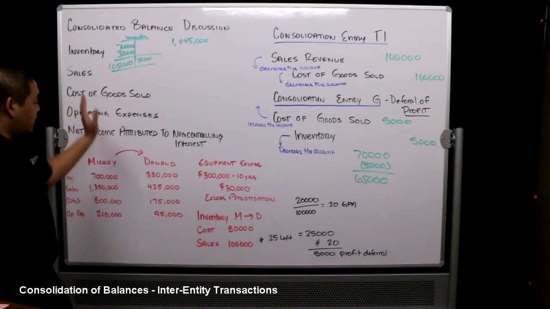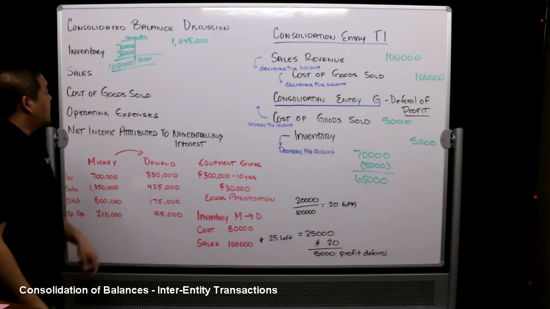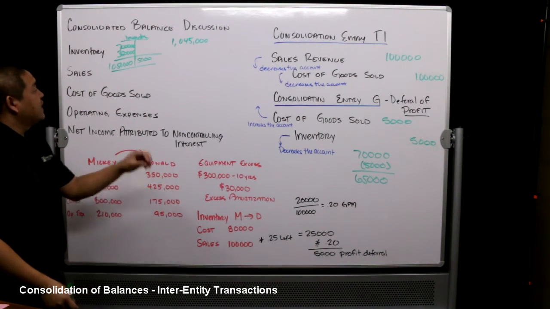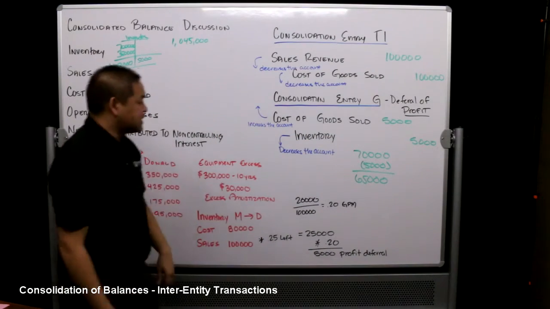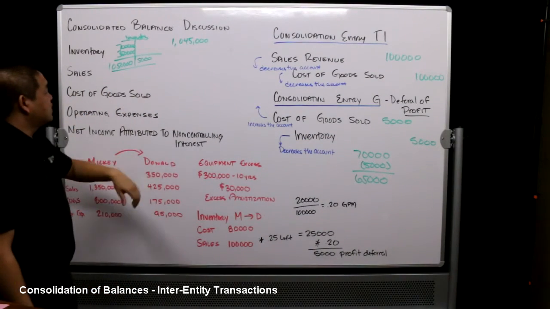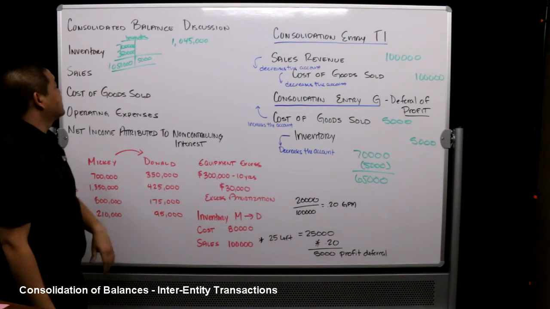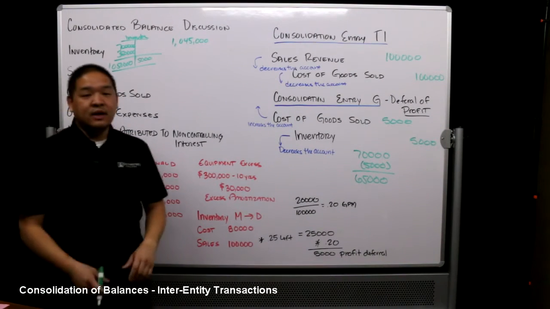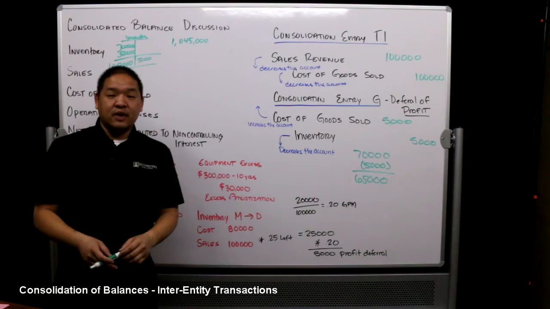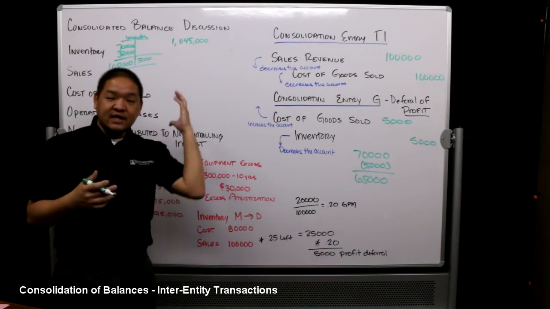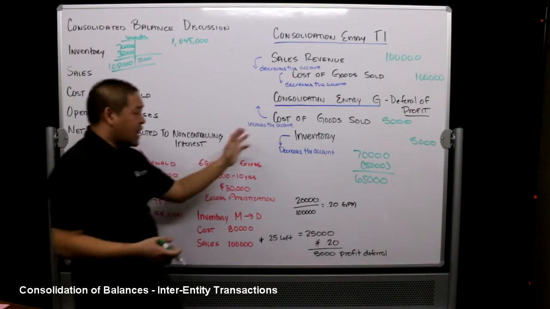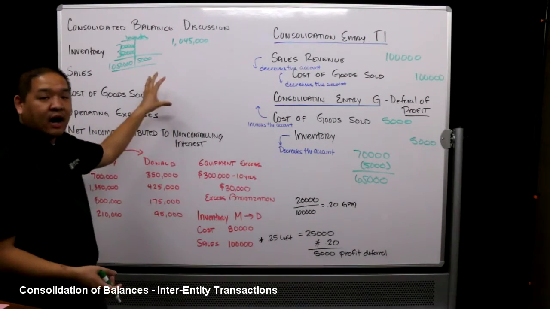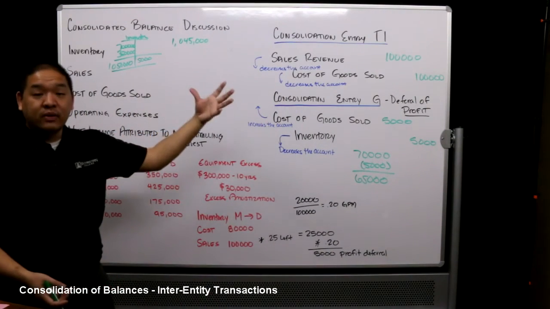Okay, so we combine these $1,050,000, and we bring down the deferral of our profits by $5,000 of inventory. Well, we credit inventory by $5,000, so that brings our consolidated balance for inventory to $1,045,000. Okay, so logically, that's what's happening. Okay, we could have just added here, and then you could have just subtracted there, but I wanted to show you as a T account what it looks like, because that's why we're doing it.